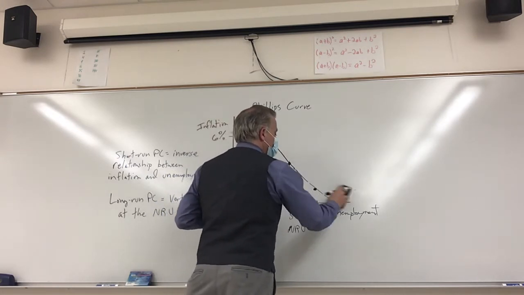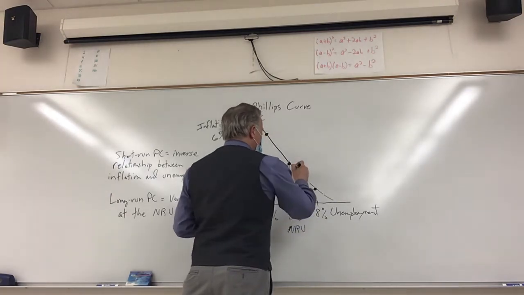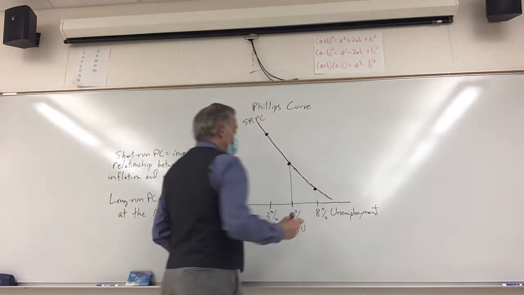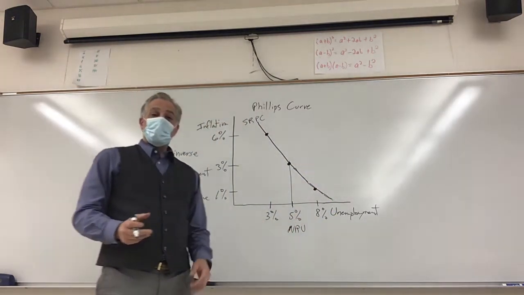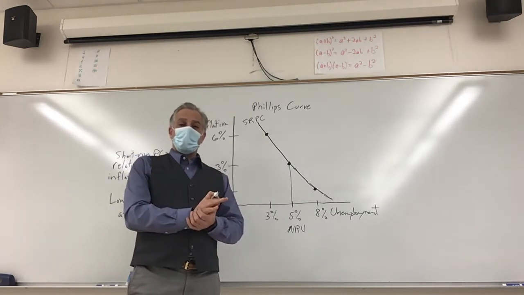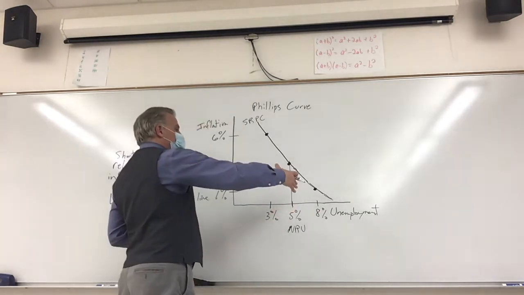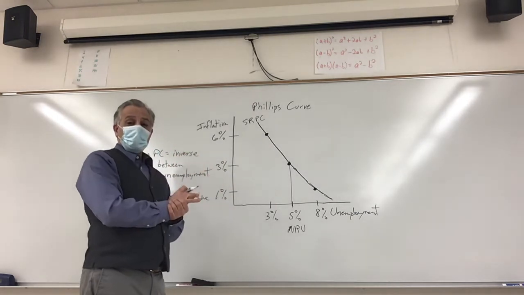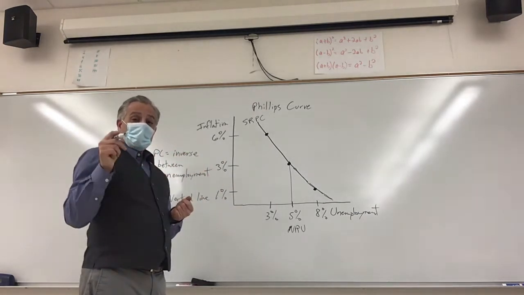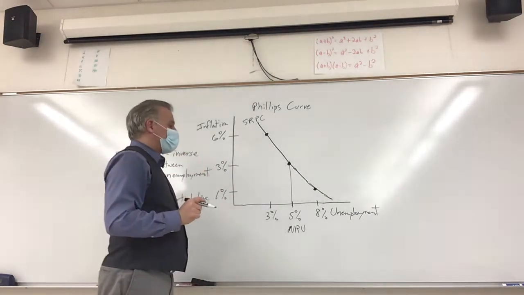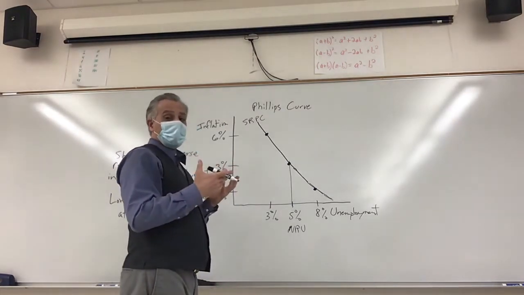Well, you're asking yourself, hey, Mr. Gallo, what happens if there's a change in aggregate supply? Because sometimes inflation goes up and unemployment also goes up. The worst of both worlds, right? That's stagflation, right?